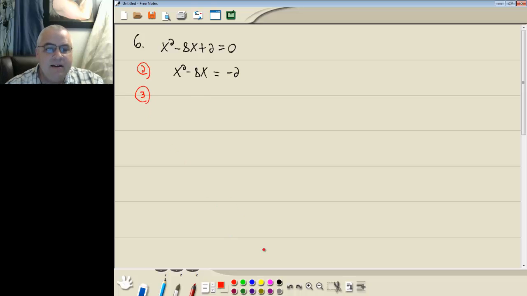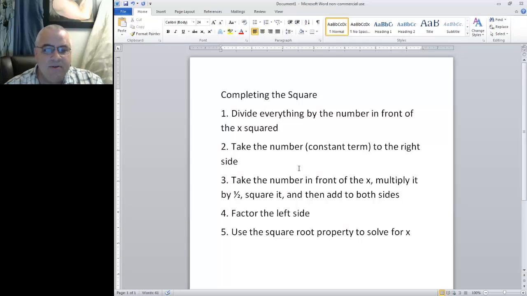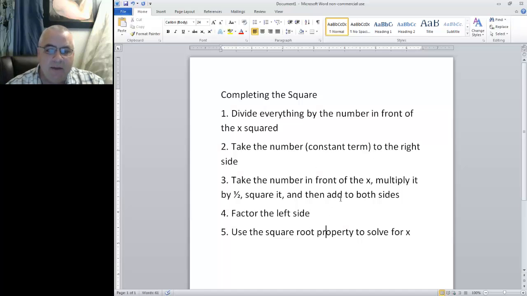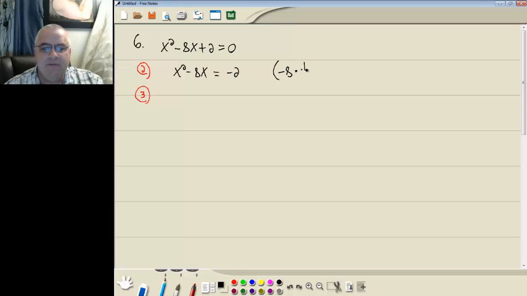Step 3. Take the number in front of the x. The number in front of our x is a negative 8. Multiply it by 1/2 and square it. It's always times a half and it's always squared. Negative 8 times 1/2 is negative 4, and negative 4 squared gives us a positive 16.